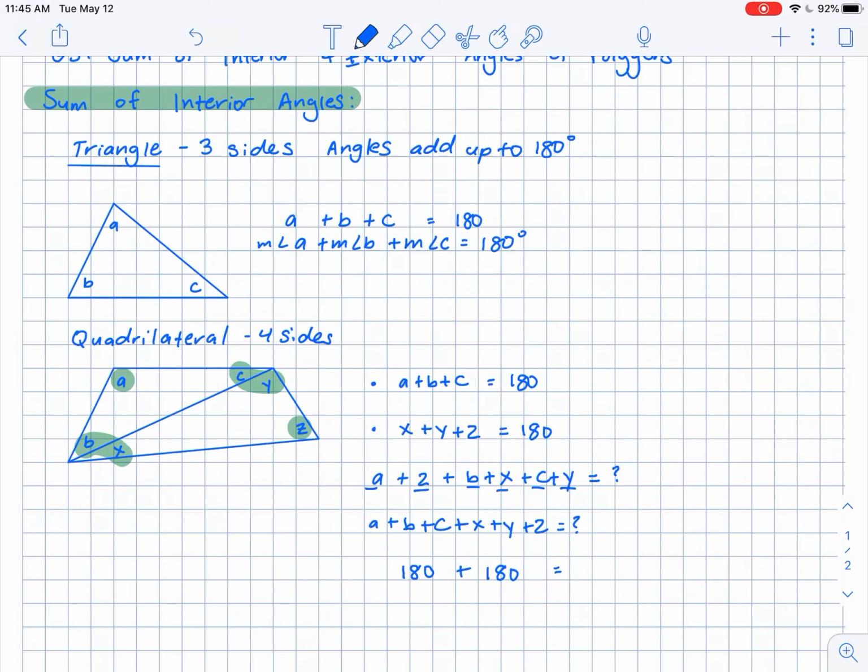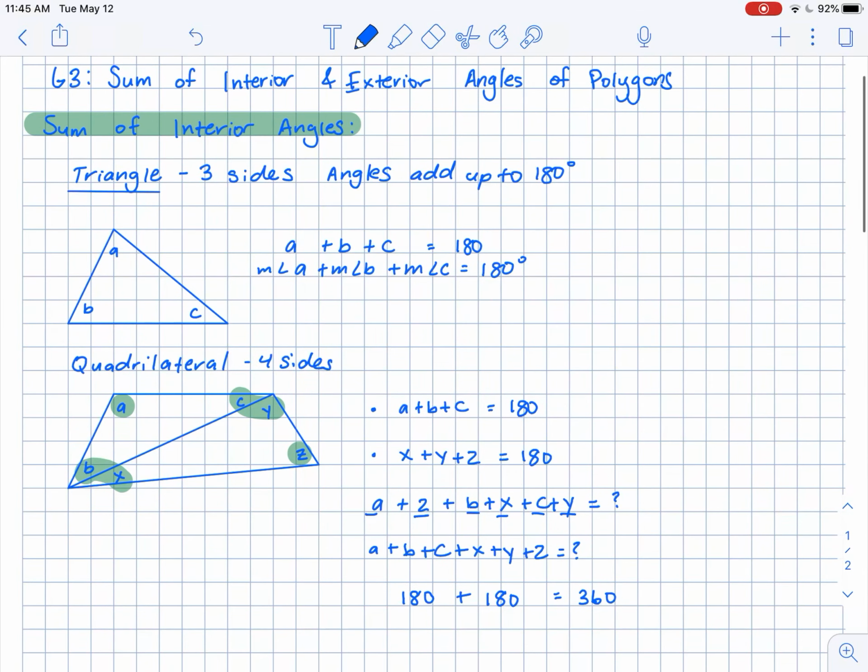So in total, I get 360. The measure of all these angles added together gives me 360 degrees.